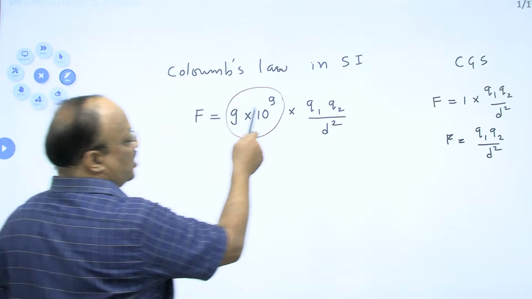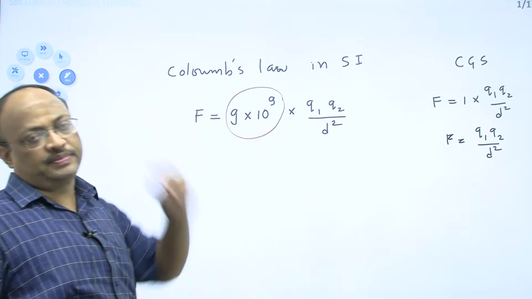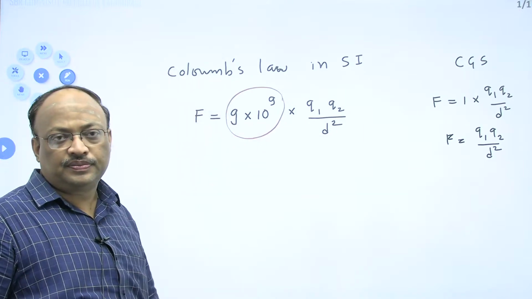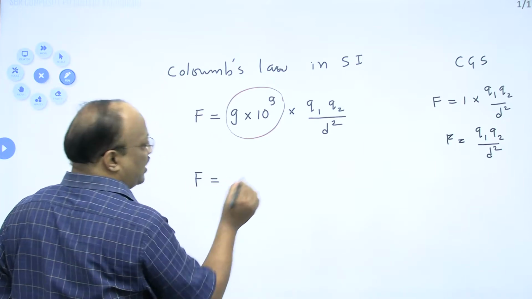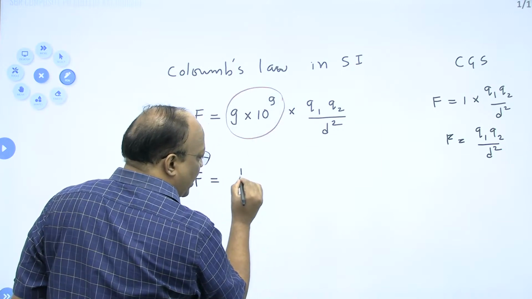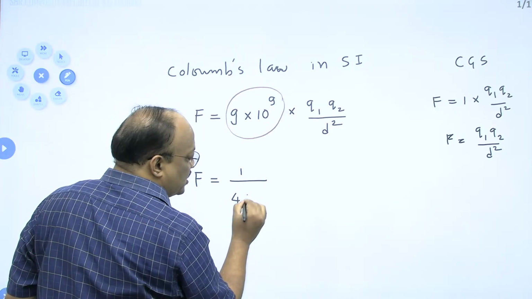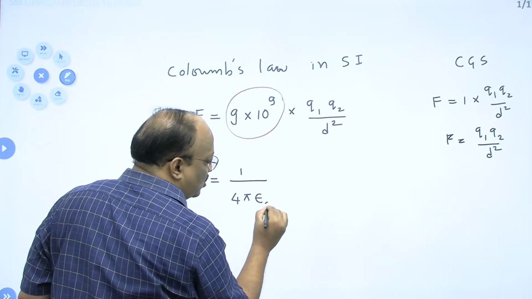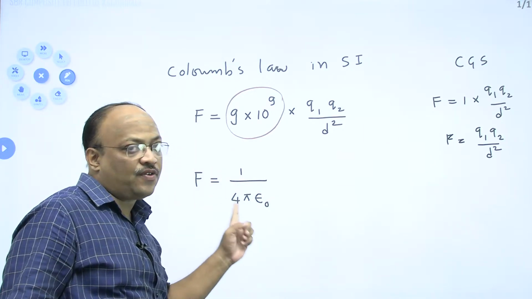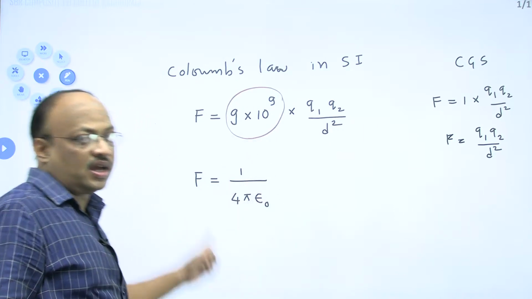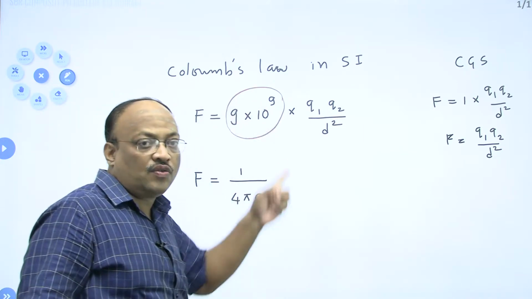Rather than writing this 9 into 10 to the power of 9 in numerical form, it is written as 4 pi epsilon naught. 1 by 4 pi epsilon naught, when you calculate, gives the value of 9 into 10 to the power of 9 in vacuum.